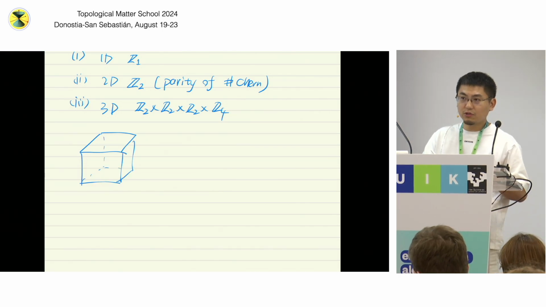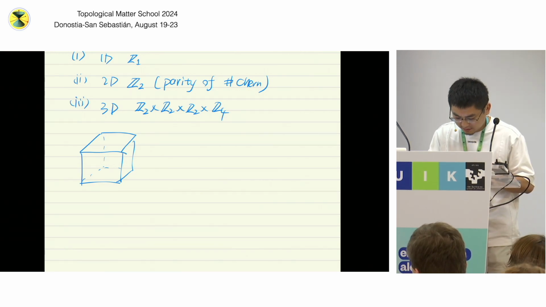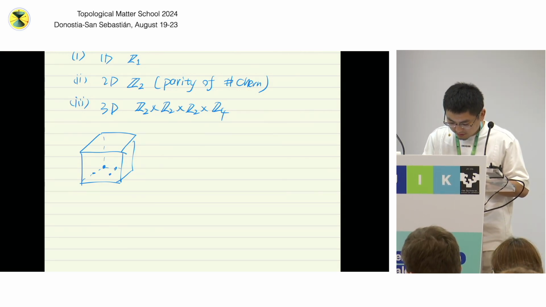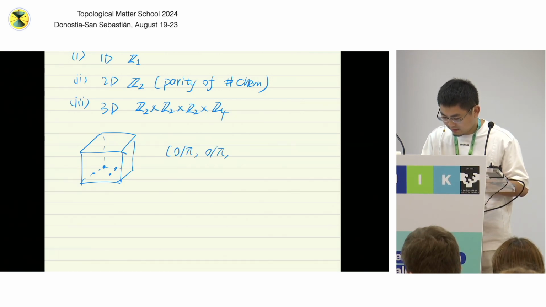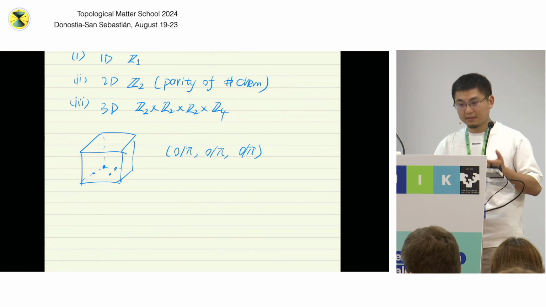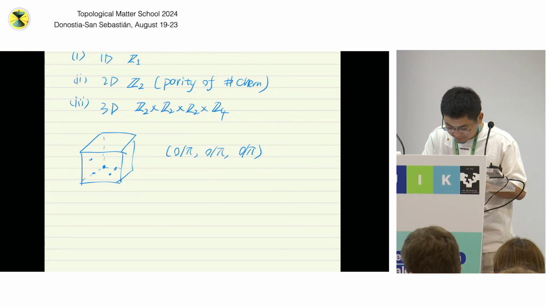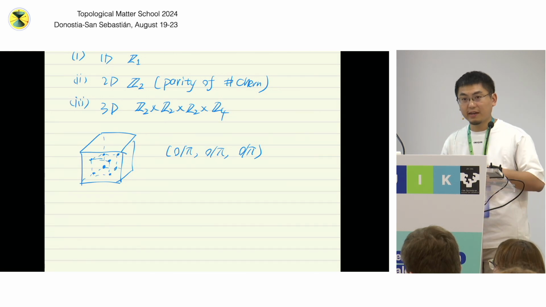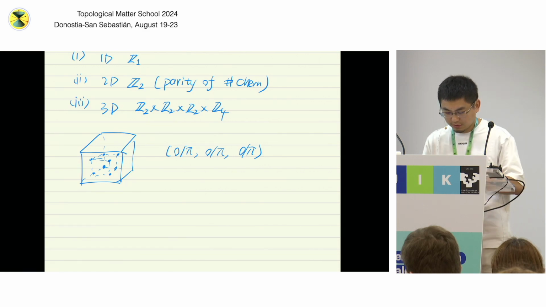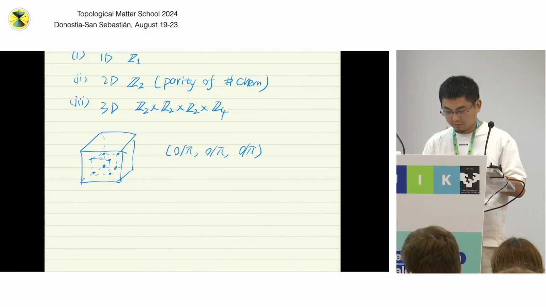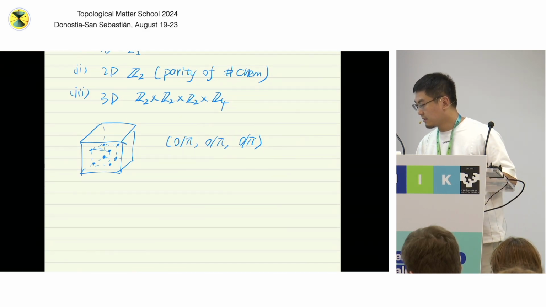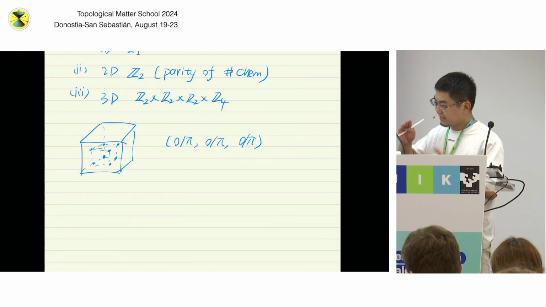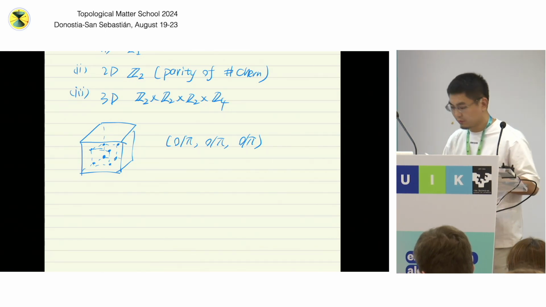And in this Brillouin zone, we have 8 high symmetry momenta, given by 0 or pi, 0 or pi, 0 or pi. So we have 8 high symmetry momenta in total. And we can apply the algorithm I introduced yesterday to obtain the expressions for the symmetry-based indicators. So I just skip all this process and just give the result.